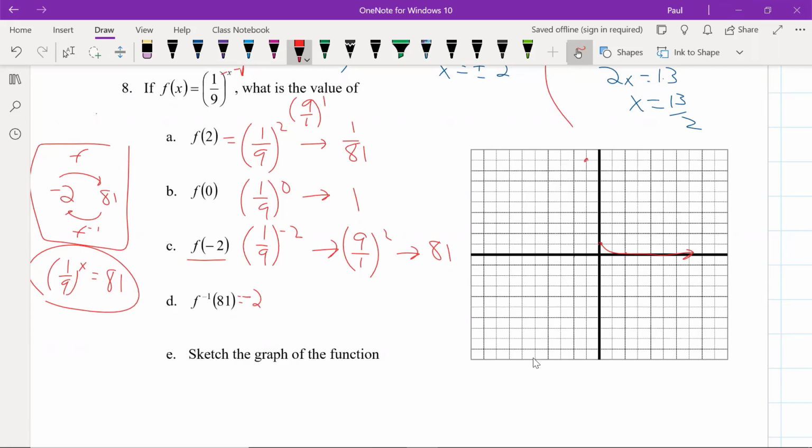You can't put minus 2 comma 81 on this graph without rescaling. So this thing grows very rapidly. It looks just like the decay function as we graphed before, 1/2 to the x. It just decays much more rapidly because it's a 9th instead of a 1/2. This is 1/9 to the x.